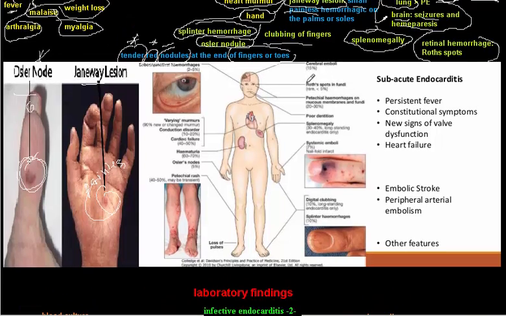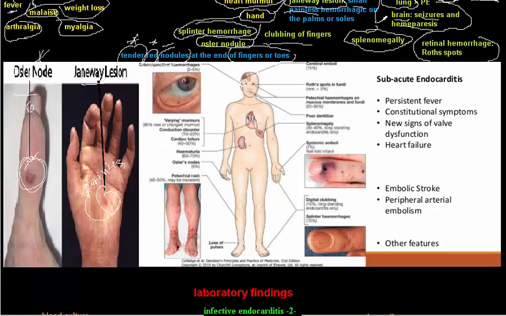Actually, this is a very good picture or graph that shows you from head to toe what symptoms or clinical manifestations we can see. In the head, we can see in the brain cerebral hemorrhage. In the eye, we can see retinal hemorrhage, which is Roth spot.